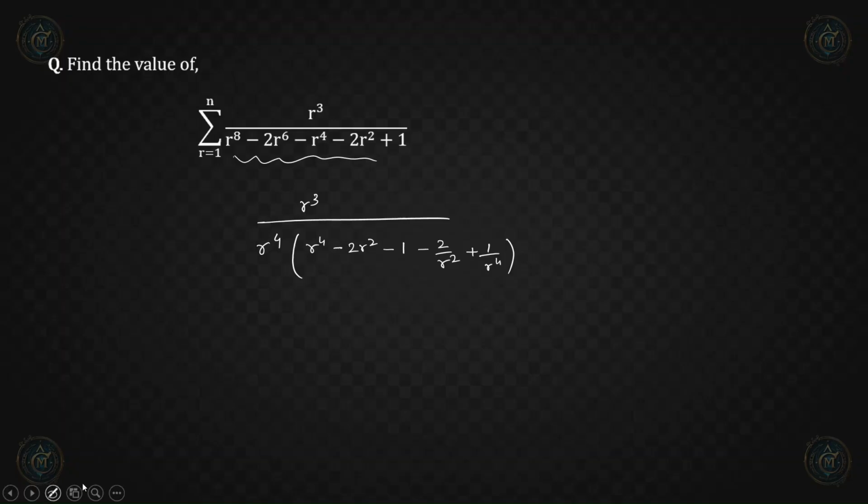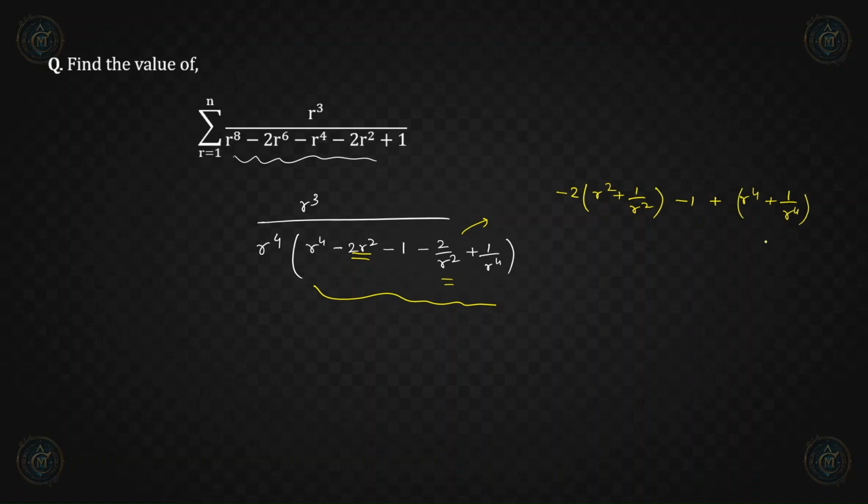Now observe a thing here, that we can actually simplify this term inside this bracket in terms of r square plus 1 by r square. How? If we club these two terms here, we get minus 2 times r square plus 1 by r square. Okay, and we have minus 1 here, and then we have plus r to the power 4 plus 1 by r to the power 4. And this thing we can also write in terms of r square plus 1 by r square, right?